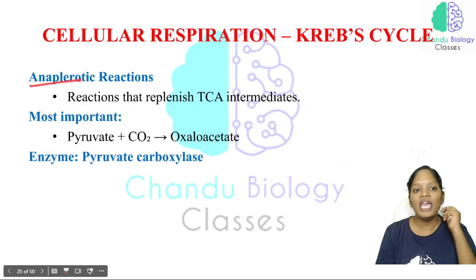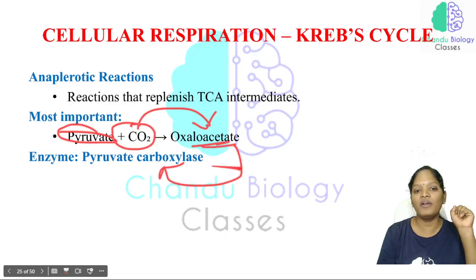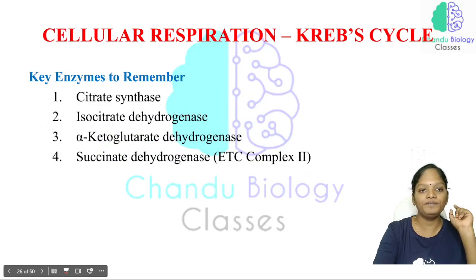That's what an anaplerotic reaction is. So the most important reaction will be pyruvate plus carbon dioxide forming oxaloacetate with the help of the pyruvate carboxylase enzyme. So this is very important.